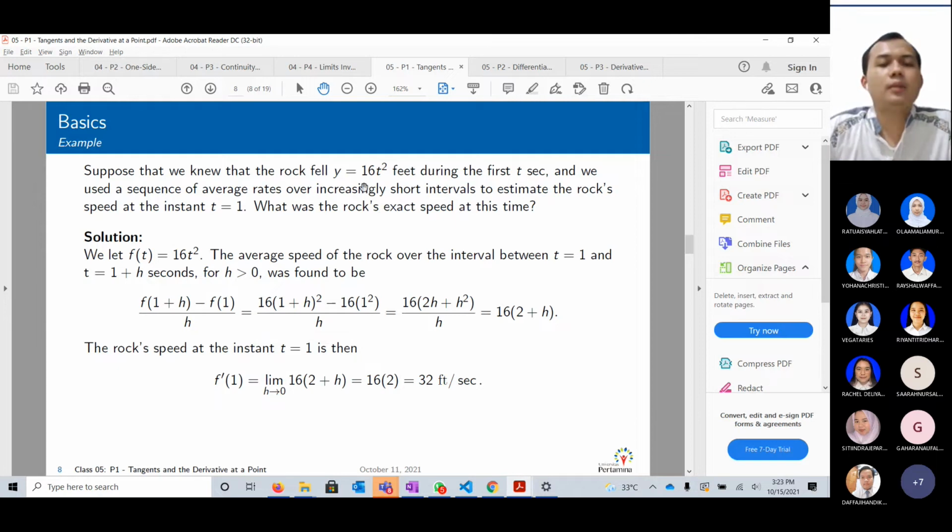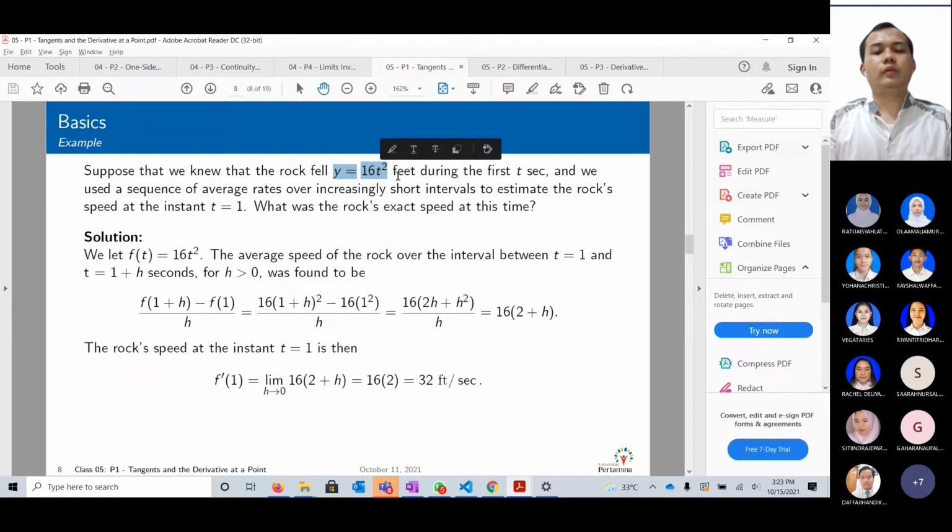Jadi kita tahu bahwa batu, kalau kita jatuhkan dari atas, posisinya, ya, letaknya setelah t detik pertama itu dapat disimbolkan dengan fungsi ini. Ya. Jadi kira-kira setelah 1 detik dia akan berada pada jarak 16 kaki dari ketinggian sebelumnya.